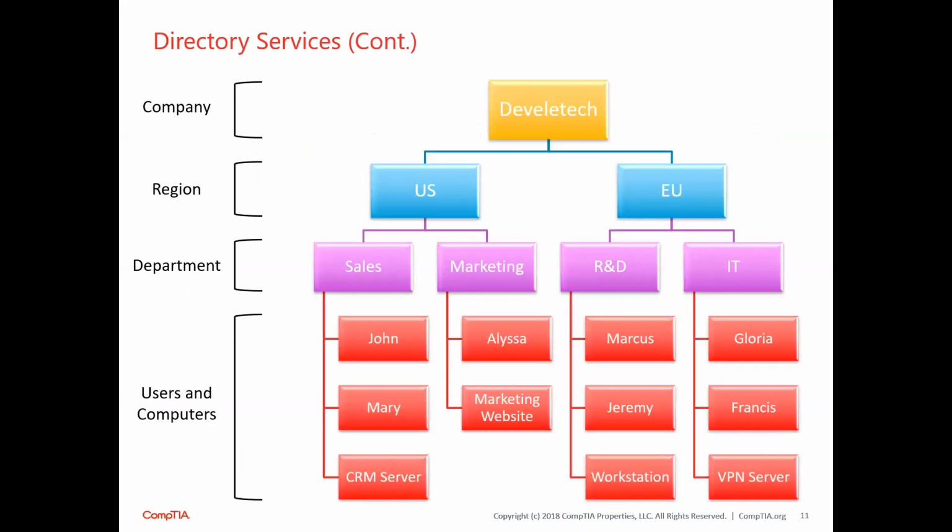So this is just an example of an Active Directory or Directory Services implementation. We start with the company name, like Developtech, and we can create two different OUs, or organizational units, called US and EU.